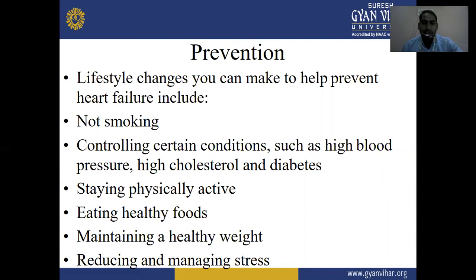Staying physically active, eating healthy foods, and maintaining a healthy weight.